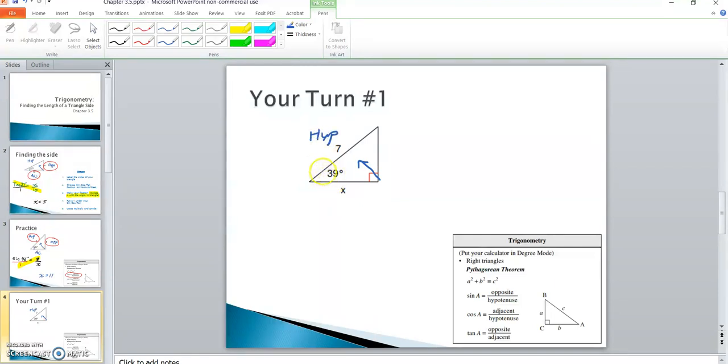So it should look something like this. And the next step is I want you to figure out which fraction we're going to use, and then I want you to make sure that you replace the A with the 39 degrees. So go ahead and do that.